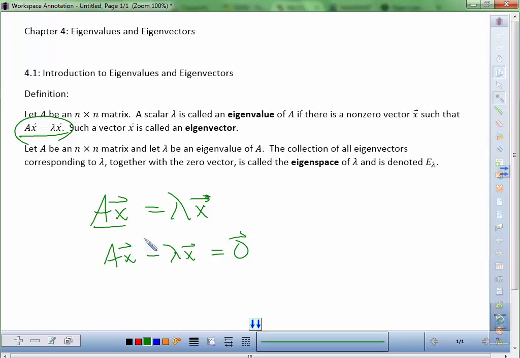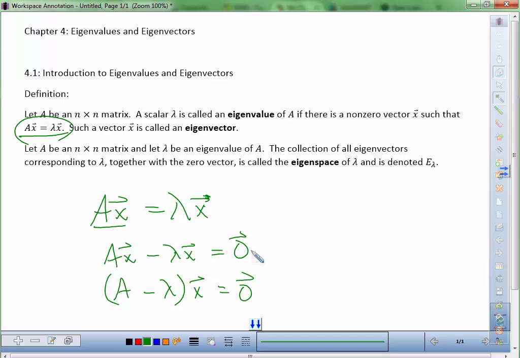Now, if I want to further manipulate this algebraically, it looks like I have an x here. Can I factor out an x? It seems like I should be able to, because that's normally what I'd like to do.